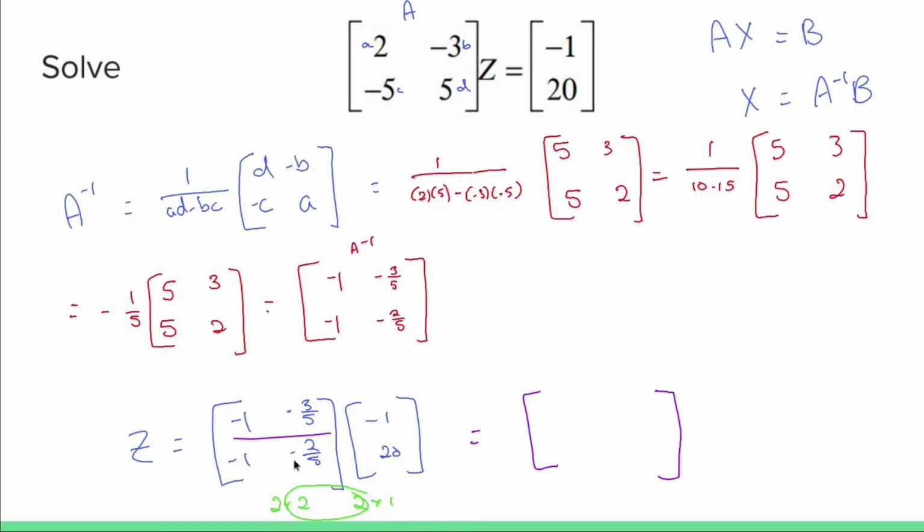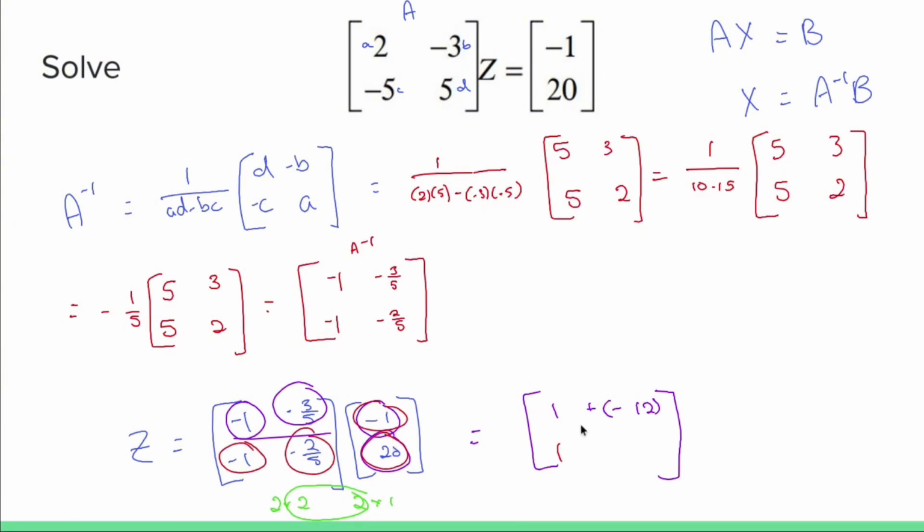So 2 by 1, I can handle that. Split it up by a row. You're already split up by the one column that you are. First element times the first element is going to be negative 1 times negative 1, which is positive 1. Second element times the second element is going to be negative 3/5 times 20, so negative 12. So plus negative 12. This next one is going to be negative 1 times negative 1, which is positive 1 again.